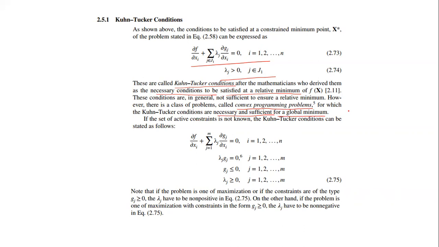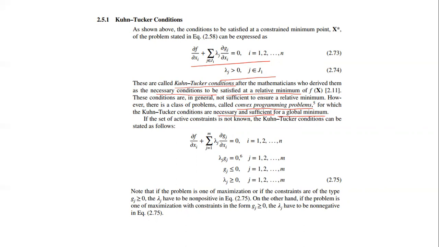So in a convex problem, basically, there is no relative minimum or saddle point. Whatever minimum you have is always a global minimum. Likewise, if you have a maximum, that is a global maximum. So that is why the Kuhn-Tucker condition is a necessary and sufficient condition for problems with convex functions, or convex programming problems.